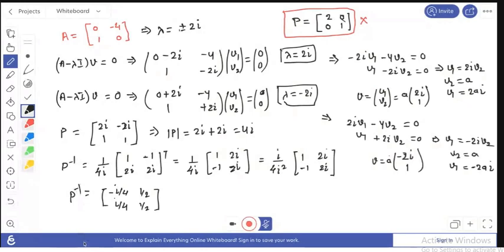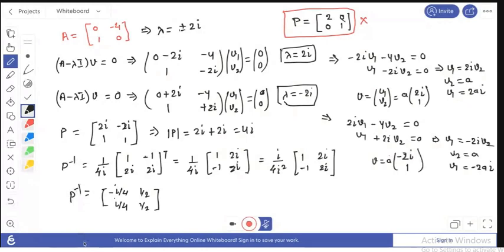Now, what is the value of e to the power i theta? e to the power i theta you can write as cos 2x plus i sin 2x. Expanding this term, this is 0, and this is 0, and this is cos 2x minus i sin 2x. So this is your matrix e to the power Bx.